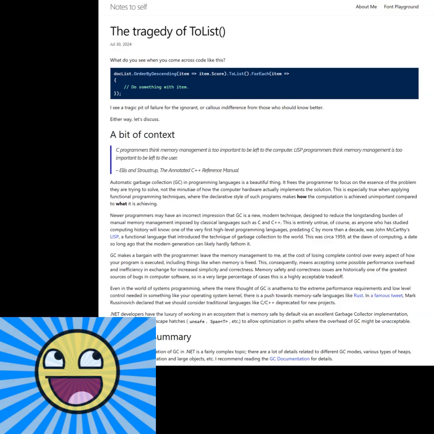They're essential for collaboration. So, just to come full circle here, one of the big takeaways from that blog post is this idea that the real tragedy of ToList is this loss of awareness about performance. It is a sobering thought. We've become so accustomed to the convenience of modern programming languages and the power of modern hardware that we've kind of lost some of that low-level awareness that was crucial in the early days.